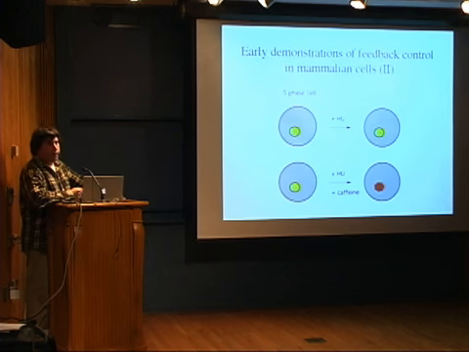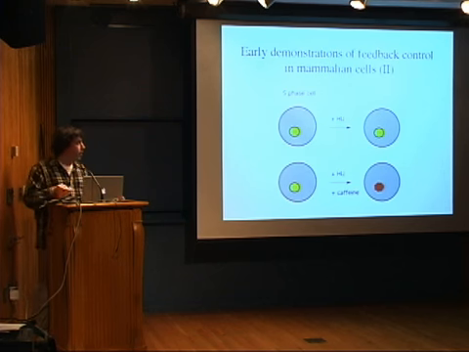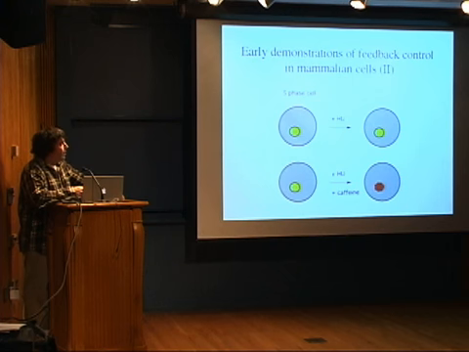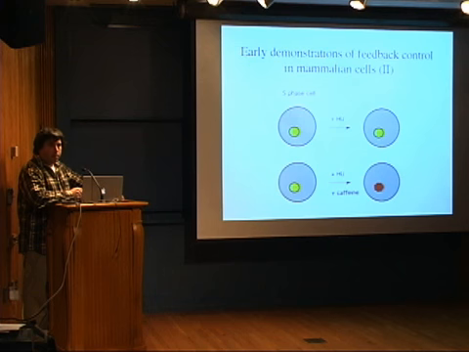And hydroxyurea simply acts to block DNA replication. So if you take an S phase cell and you treat it with hydroxyurea, it will remain in S phase forever because it can't complete DNA replication. And what Pardee found is that if you co-treated those cells with caffeine, then you could advance this S phase arrested cell into mitosis inappropriately.